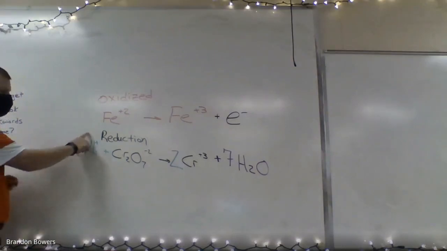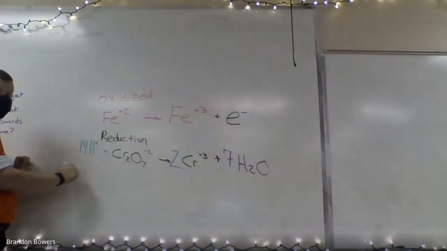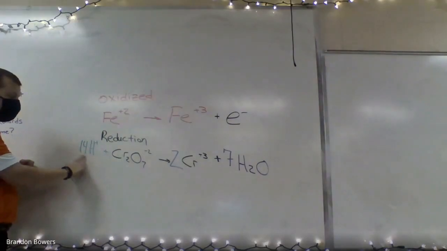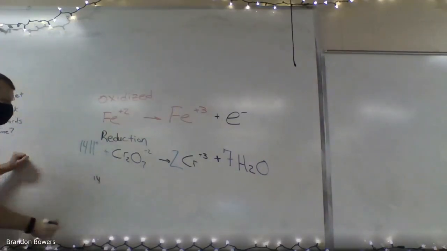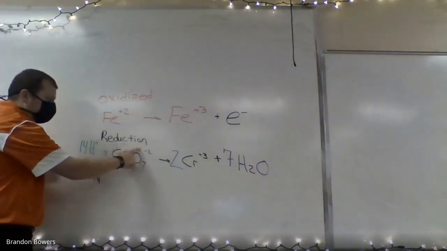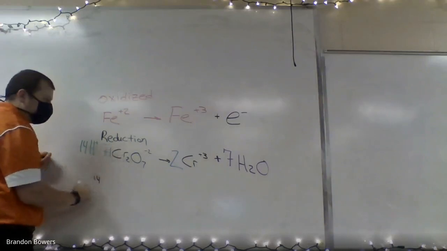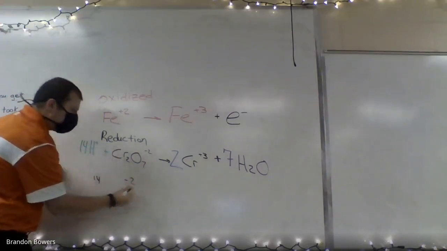How many pluses do I have here? 14. I have positive 14 there. How many negative 2's do I have right here? 1. So I have a negative 2 there.